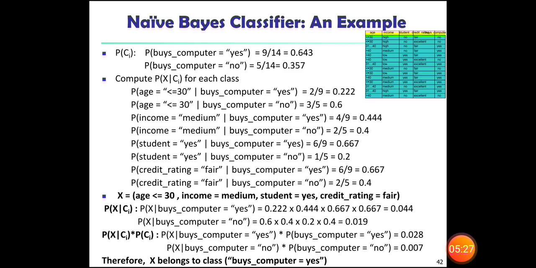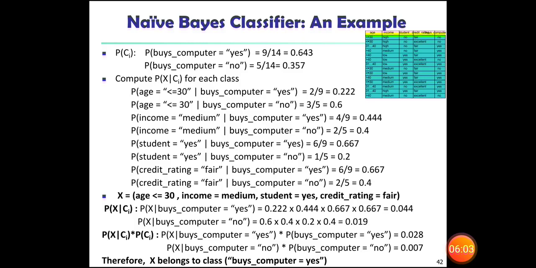If it is yes, it is 9 by 14, where 14 is the total values and 9 is the number of yeses present in buys computer. So the value will be 0.643. Same way for P of buys computer no status, here 5 no's are available in the table and the total is 14. So 5 by 14 equal to 0.357.